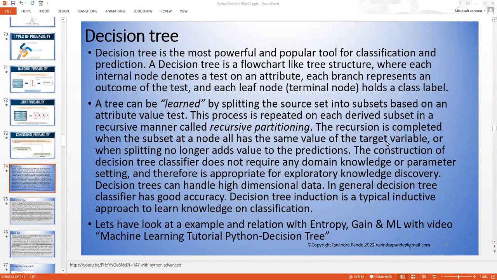Okay, so let's try to understand. A decision tree is the most powerful and popular tool for classification and prediction. A decision tree is a flowchart-like tree structure where each internal node denotes a test, denotes a path, denotes an alternative, an attribute. Each branch represents an outcome of a test, and each leaf node or terminal node holds a class label.